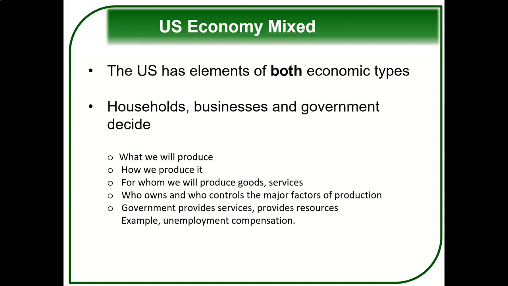They decide who owns and who controls the major factors of production, and we allow government to provide us services and resources. For example, jobless citizens get unemployment benefits. Those come from our taxes, and the government decides how much those benefits should be.